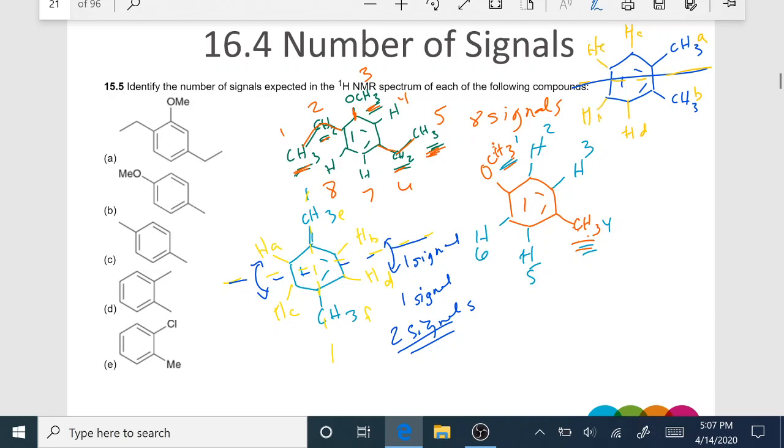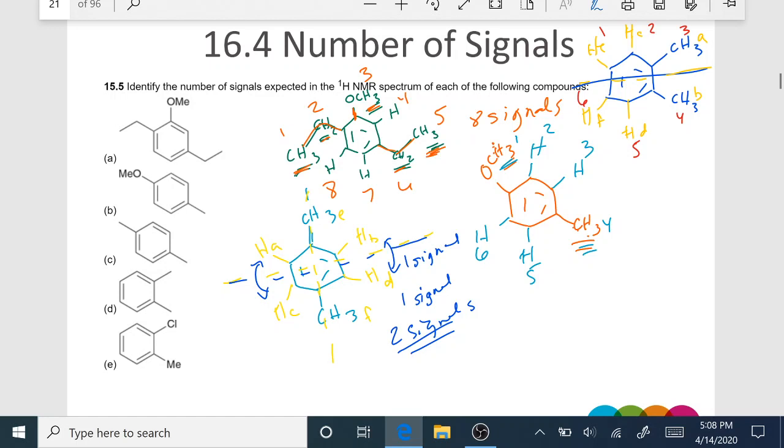And E and F are going to be equivalent to each other across that plane. But C and D are not equivalent to E and F because C and D are 1 carbon away from the methyl group, and E and F are 2 carbons away from the methyl group. So that's going to give me 1, 2, 3, 4, 5, 6 signals in NMR.